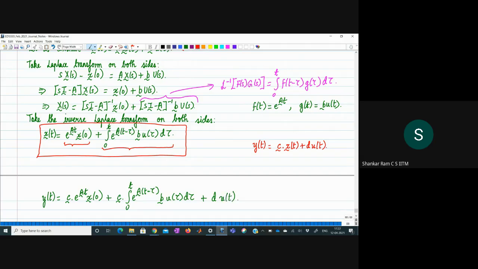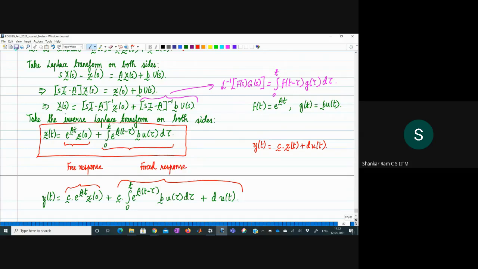Once again, we can see that there is a component due to the initial condition and a component due to the input. The first component corresponds to the free response, and the second component corresponds to the forced response. This is something we have already looked at.